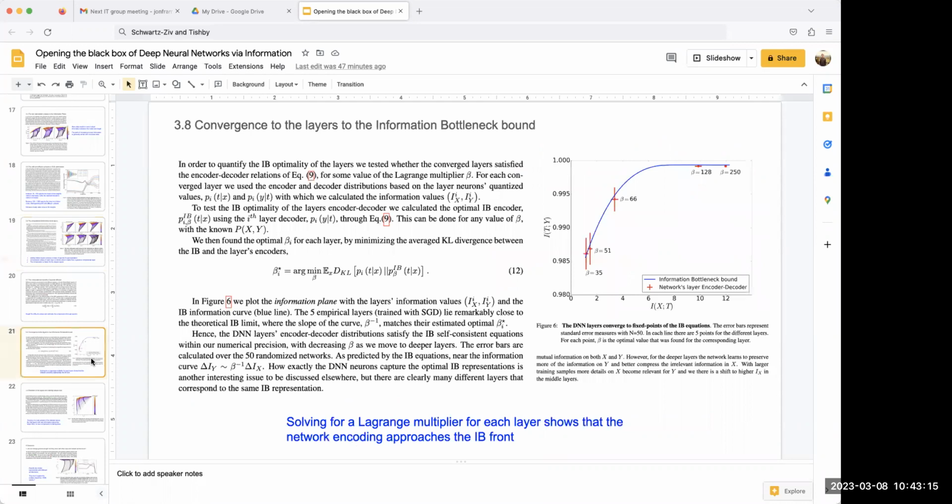And this plot shows that when they calculate the beta, the Lagrange multiplier for the layers, that Lagrange multiplier approaches the information bottleneck front. This is their evidence that their model is sufficiently compressing the input data themselves.